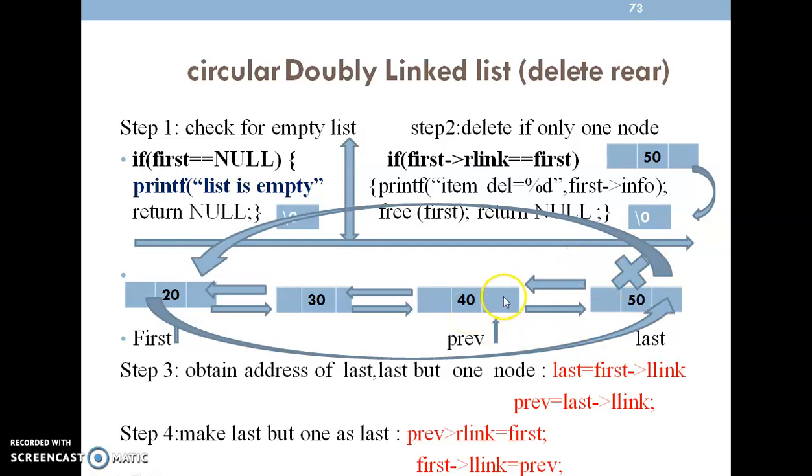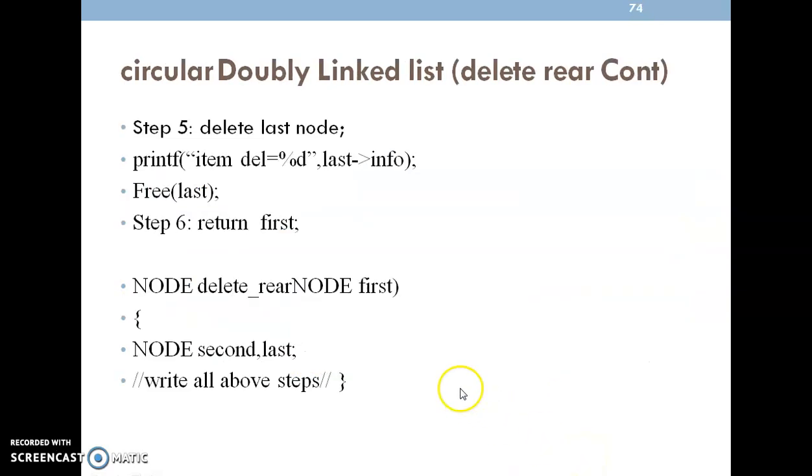Previous pointer right link contains the address of first. Similarly, first pointer left link contains the address of previous. That you have to write. Then delete the element and free last. First element remains the same, return first. Write all the steps inside the function.